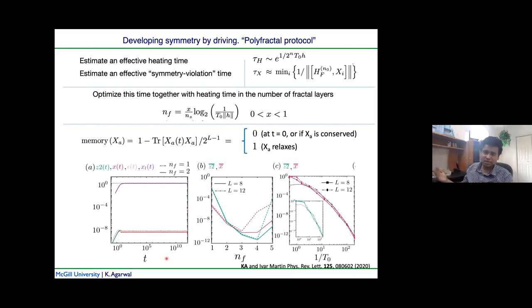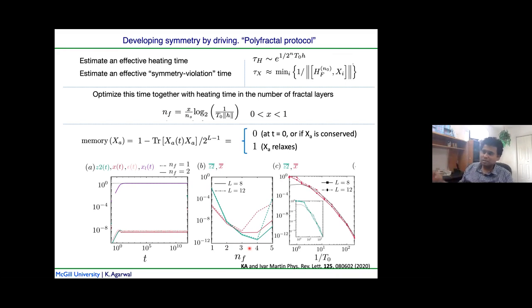And so this really suggests that your effective Floquet Hamiltonian has developed these additional symmetry generators. Okay, and so you can also look at the value at which this saturates, which tells you how well the operators have relaxed and how well they serve as symmetry generators. And you can see that as you increase the number of fractal layers, first things get better before eventually getting worse. So there's an optimal number of fractal layers, which is some finite number.